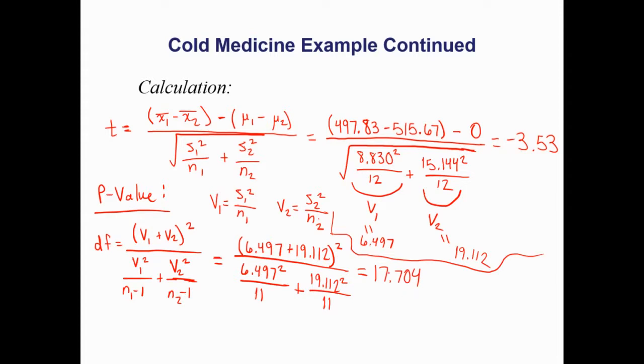Now, for degrees of freedom, what do I have to do? Truncate. 17. Degree of freedom is 17. Now for our P value. We get to actually compute that now.